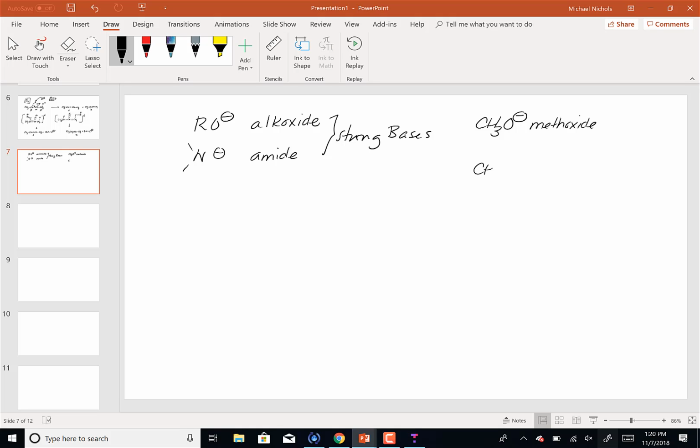So instead of using methoxide, let's put a tertiary butyl group on there and make this a tertiary butoxide. Because there's a tertiary butyl group there, I've now taken away its ability to act as a nucleophile because it's too sterically hindered. And so now I force it to be a base. I force it to be a strong base.